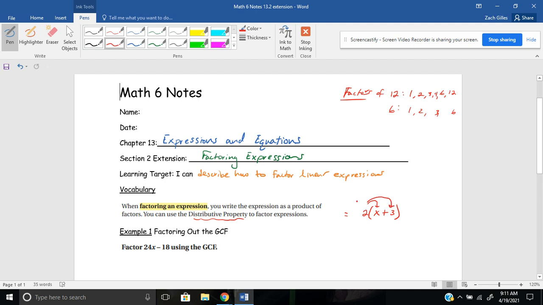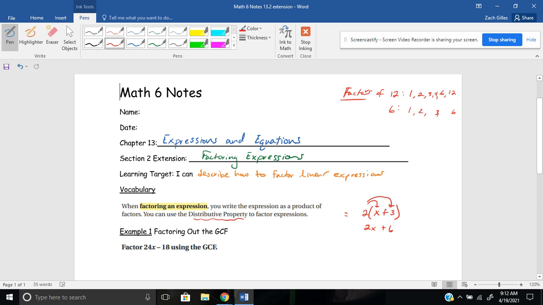That means we needed to multiply the 2 times everything in the parentheses. In other words, it's just this expression, x plus 3, 2 times. Because if you remember, multiplication is just repeated addition. So 2 times x is 2x plus 2 times 3 is 6. And we would say we distributed the 2 to everything inside the parentheses.